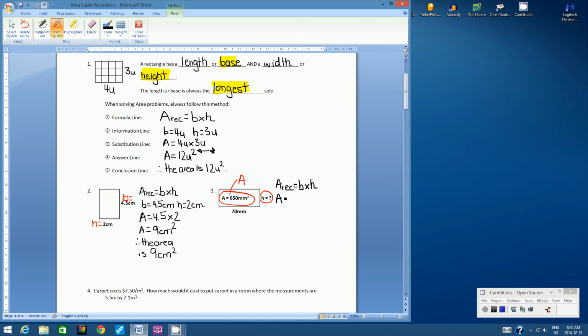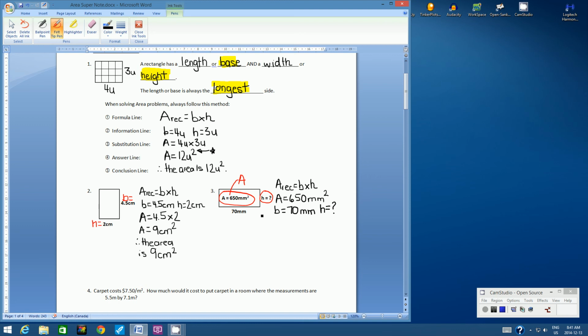Well, in this case, we actually know the area, 650 millimeters squared. And we also know we're going to assume this is the base because here I've labeled it as h equals question mark. So we know that the base equals 70 millimeters. So what are we asked to find? We're asked to find the height.